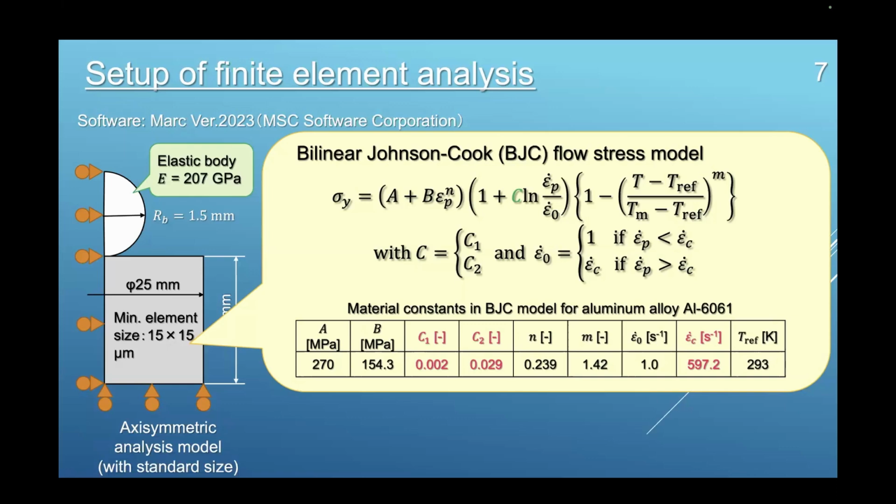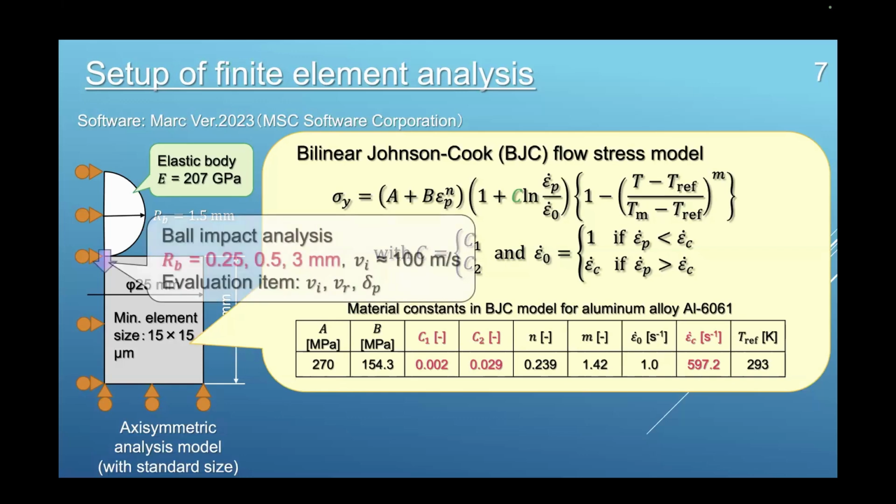The material constant C associated with the strain rate dependence is changed from C1 to C2 at this strain rate. And the material constants used in this analysis are shown here.